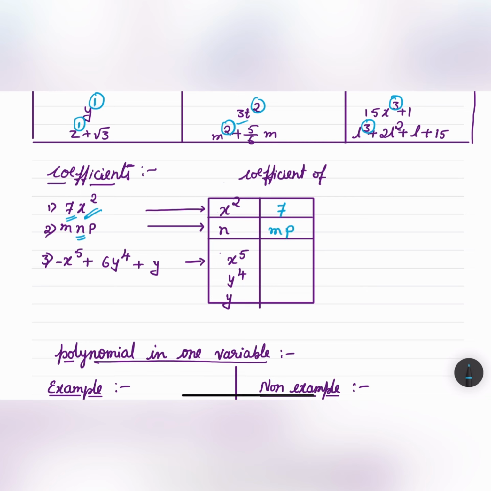And in this polynomial, the coefficient of x to the power 5 is minus 1, because this is minus x to the power 5, and if the coefficient is not mentioned, then it is understood to be 1. So minus 1 is the coefficient of x to the power 5, then y to the power 4, it is 6, then y, it is 1. So these are the different coefficients of different terms. We have different terms, so I have mentioned the coefficients of these terms in this box.